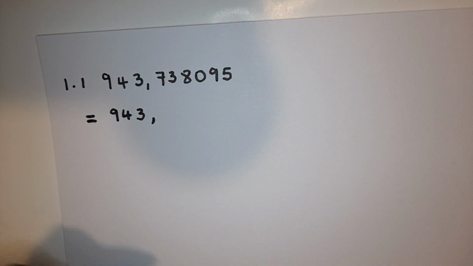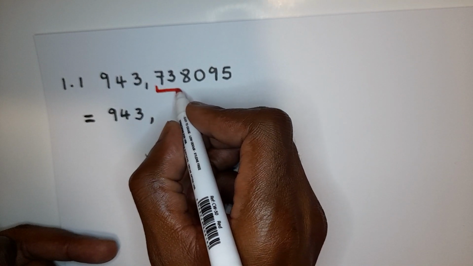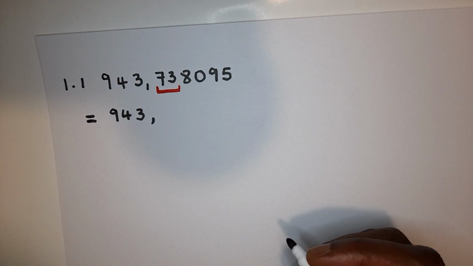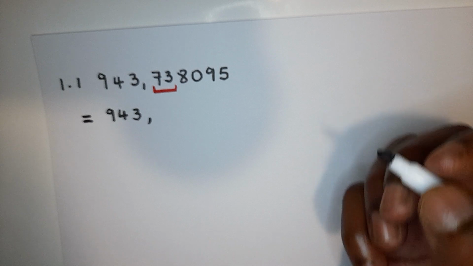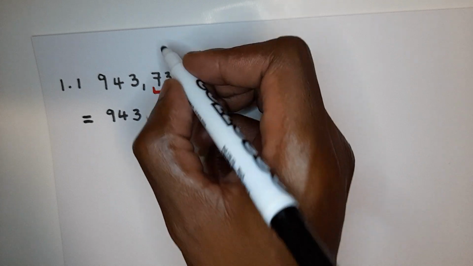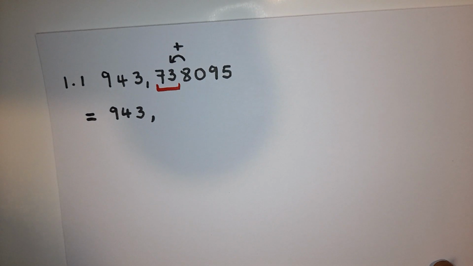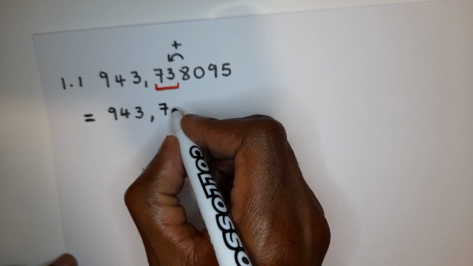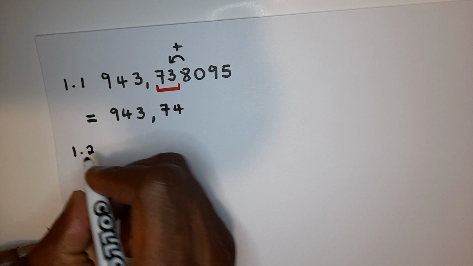Our focus is 2 decimal places, so we look at these 2 decimals that we want to round off to, and then we look at the third number. You know that if it is greater than or equal to 5, then you are going to add 1 to the previous digit. So because it is greater and also equal to 5, we add 1 to the previous digit. Rounded off to 2 decimal places, this becomes 943.74. Just like that.